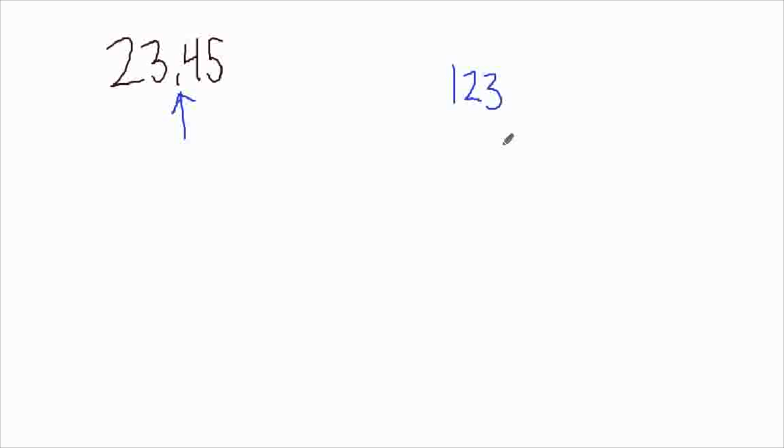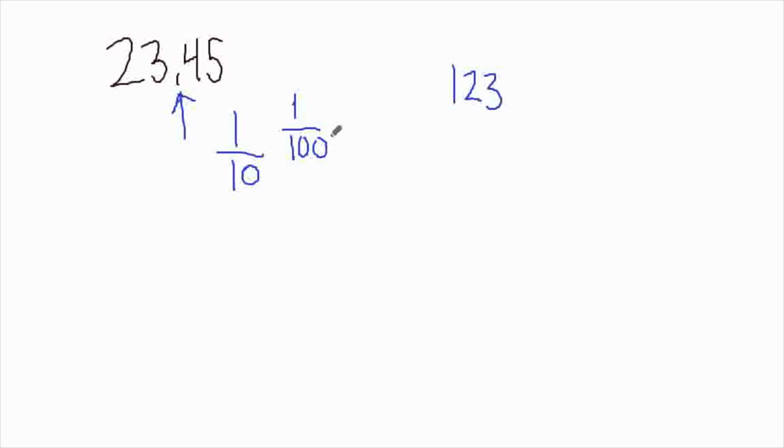So the 4 denotes 1/10. Imagine I took a pizza and I split it into 10 pieces. So if I have 4 of those, that's what the 4 represents. The next number, the 5: imagine if I took a pizza and I split it up into 100 pieces, so that I have 5 of those really small pieces.